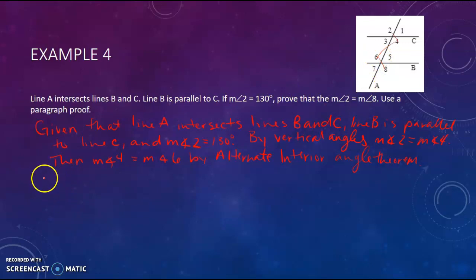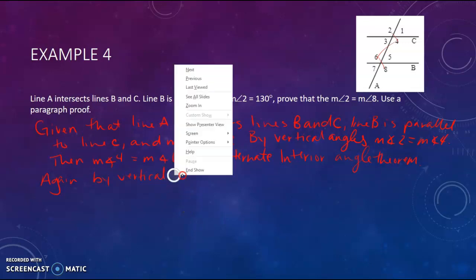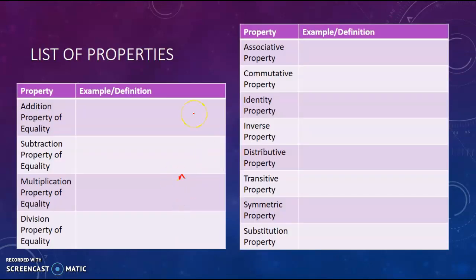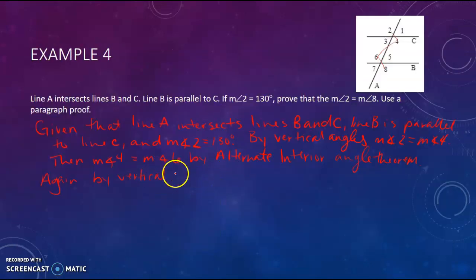And so again, by vertical angles, measure of angle 6 is going to equal the measure of angle 8.